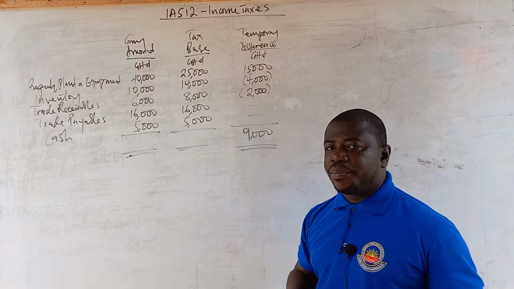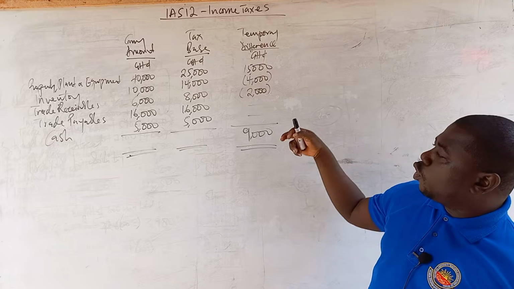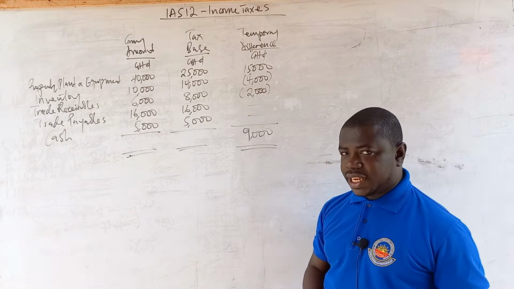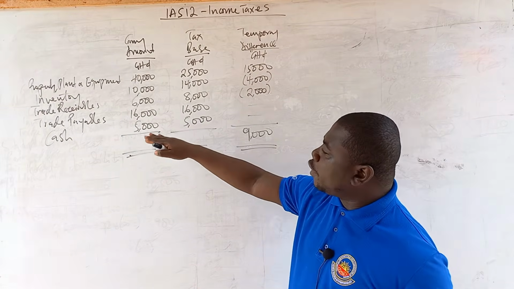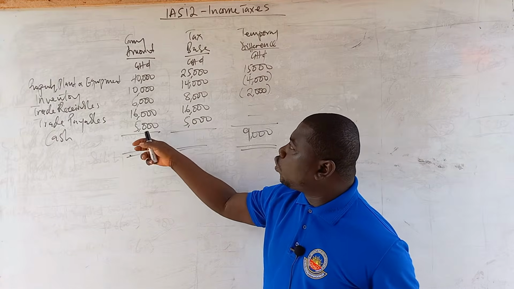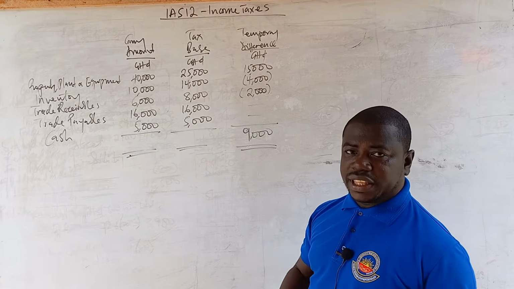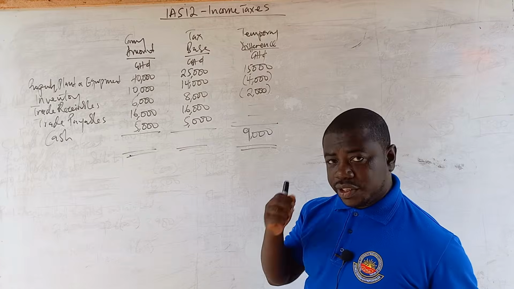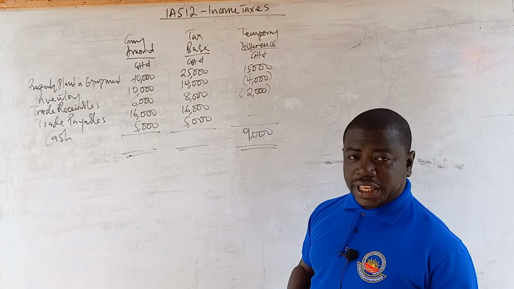9,000. So the temporary difference is 9,000, and it's going to result in a deferred tax liability because if you find the total, you see that the total of the carrying amount exceeds that of the tax base, and the difference of 9,000 will result in a deferred tax liability.